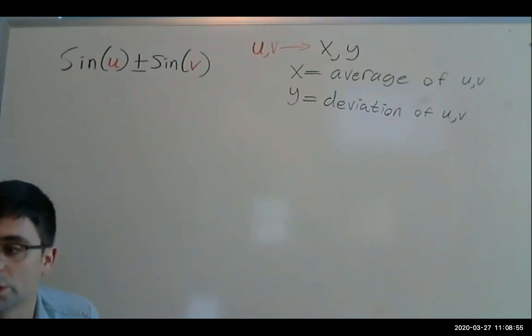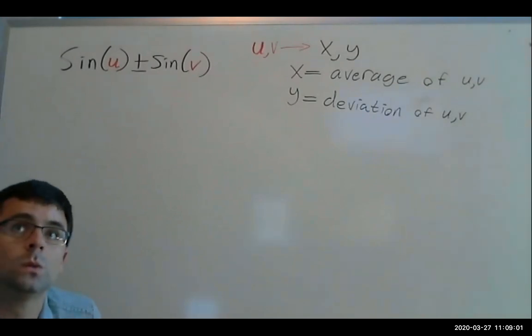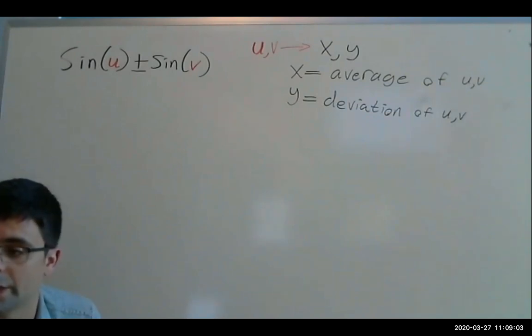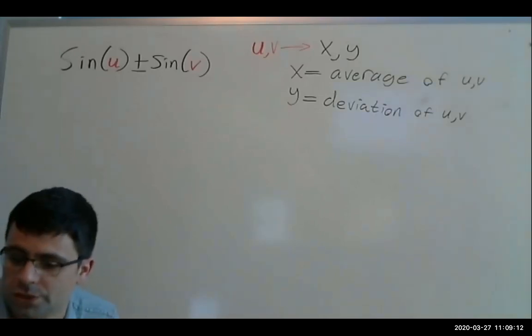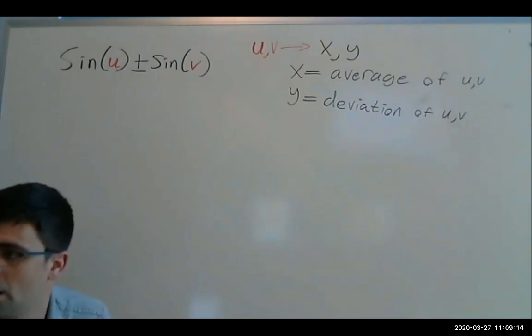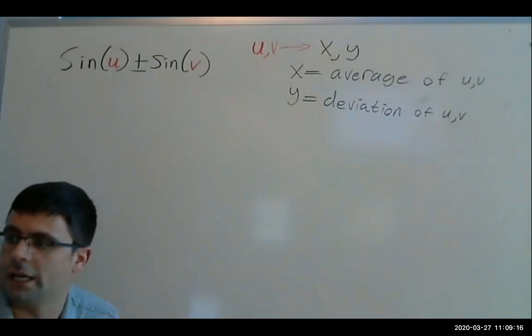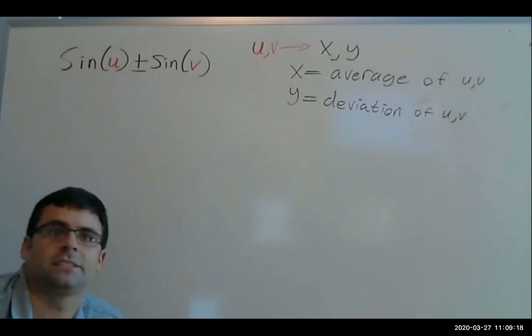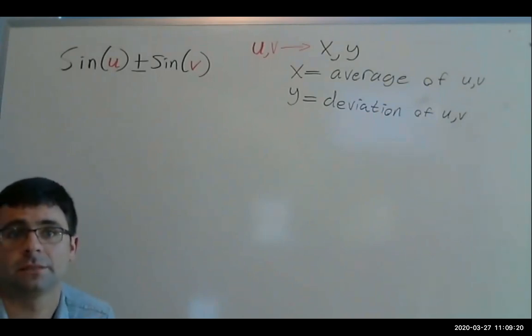We're going to take a sum of two sines or cosines and turn it into a product of two sines or cosines. And it's basically using the same process as we used last time.